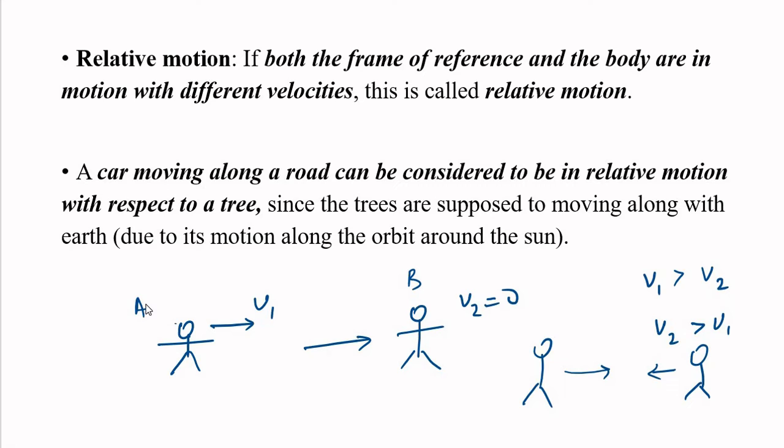Because even though v2 is 0, if we consider the frame of reference Earth which is moving, this object B is also in motion along with Earth, so it is in relative motion since no point is at absolute rest. So this is the concept of relative motion.